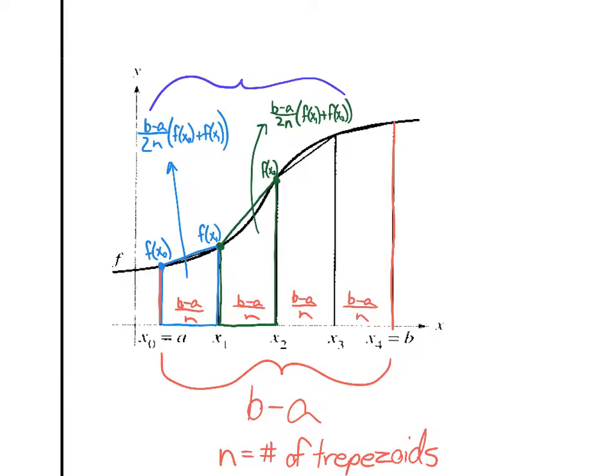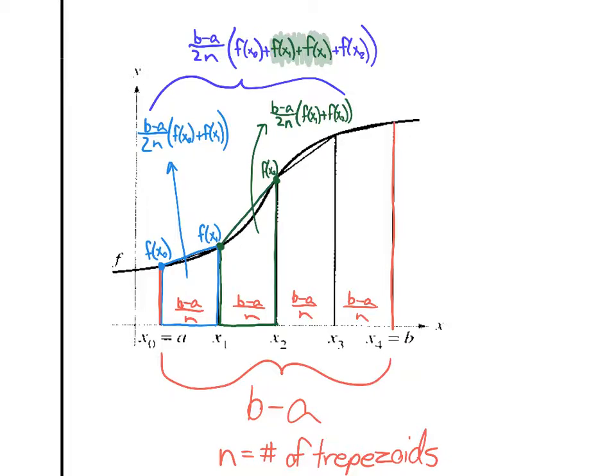If I were to add them together, they have a common factor of (b minus a) over 2n times f of x sub 0 plus f of x sub 1 plus f of x sub 1 plus f of x sub 2. And that's just for those two, but you can see here, this is where the 2 comes from in our formula.